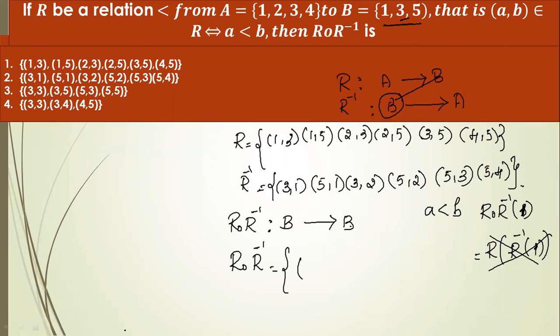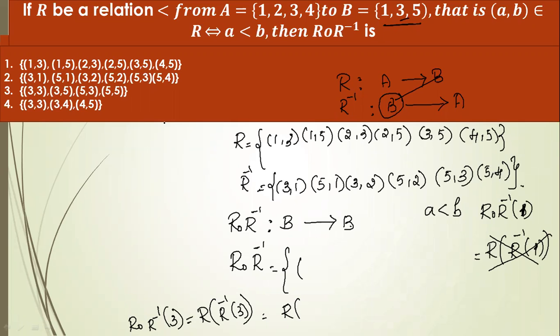What is the next element in B? 3 is the next element. So R composition R inverse of 3 is R of R inverse of 3. What are the ordered pairs which start with 3 in R inverse?